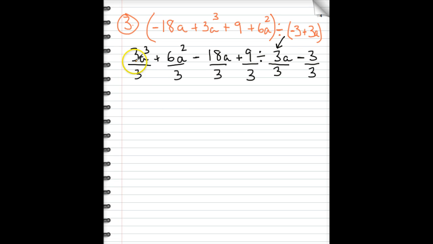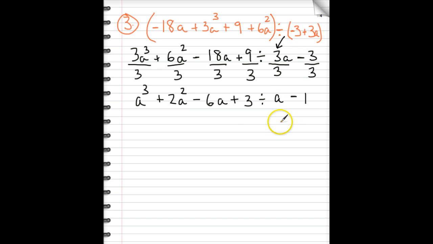So if you simplify this, 3 over 3, that cancels, so you have a to the 3rd. Over here you have 6 divided by 3, that's 2a squared, minus 18 over 3 is 6a, plus 9 over 3 is 3, and we're dividing by 3 over 3, that's 1a, minus 3 over 3 is 1.